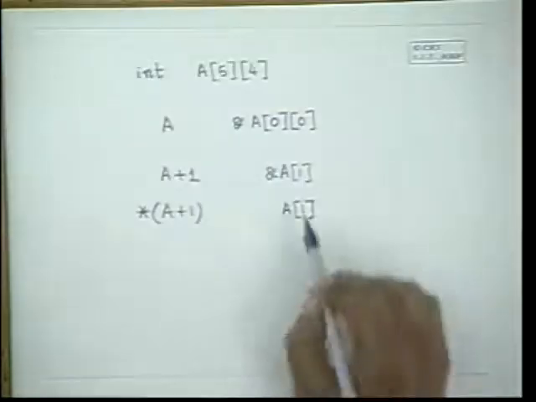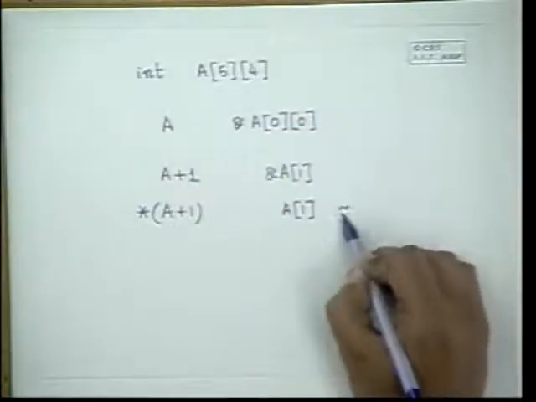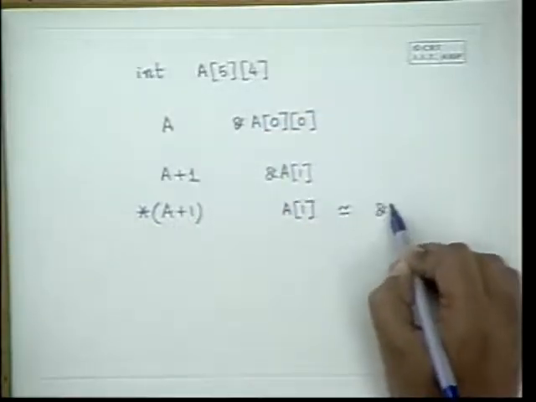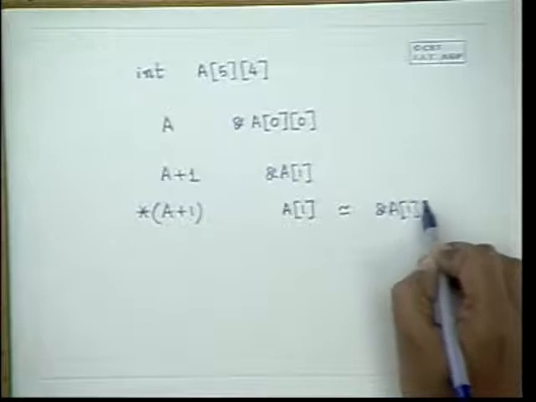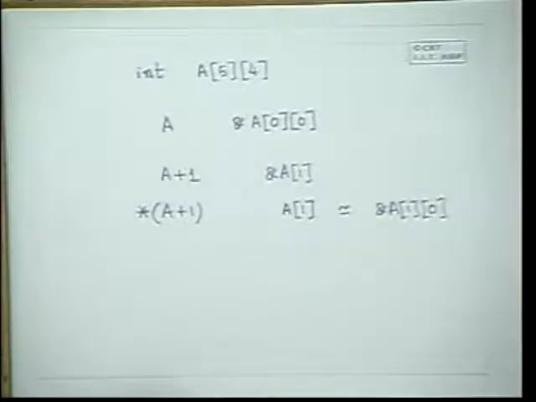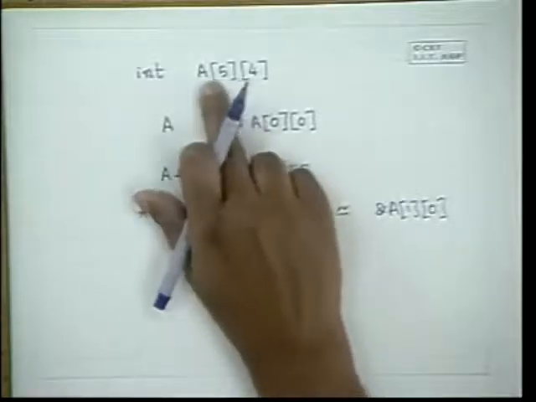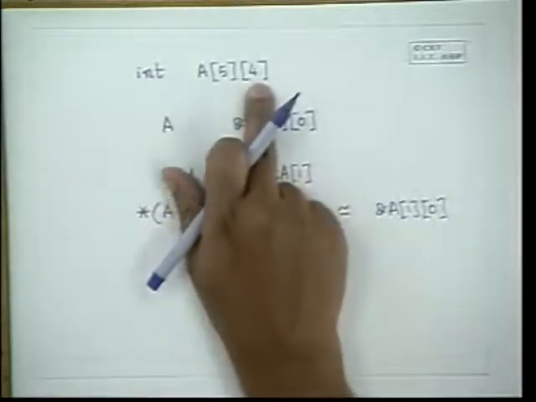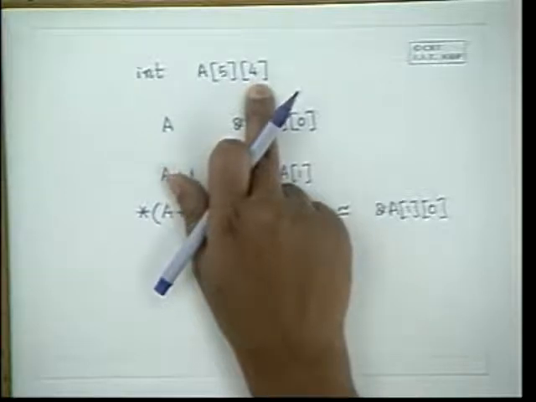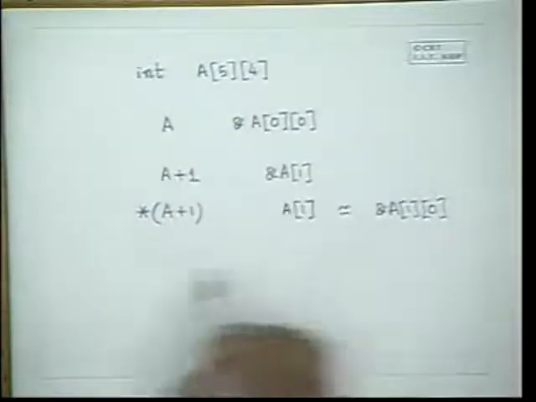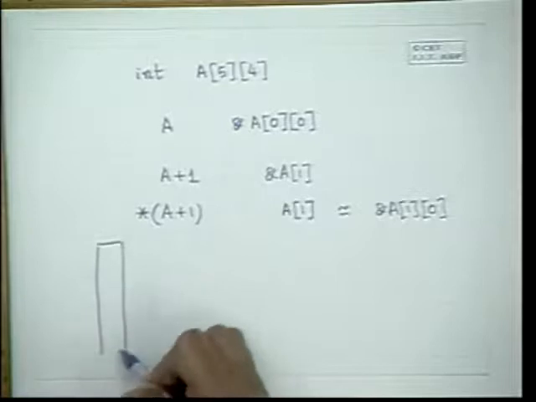Content of A plus 1 is A[1], but since it is a 2-dimensional array, this is equivalent to the starting location. A[1] is the starting location of an array of 4 elements. Look at it conceptually like this.